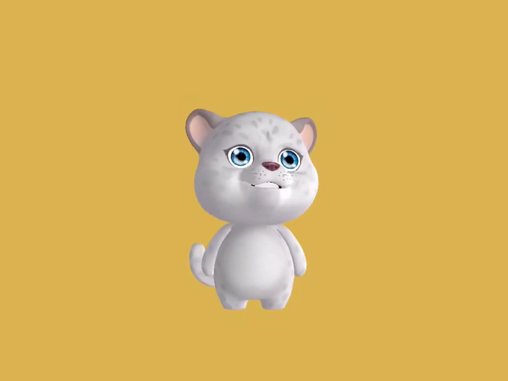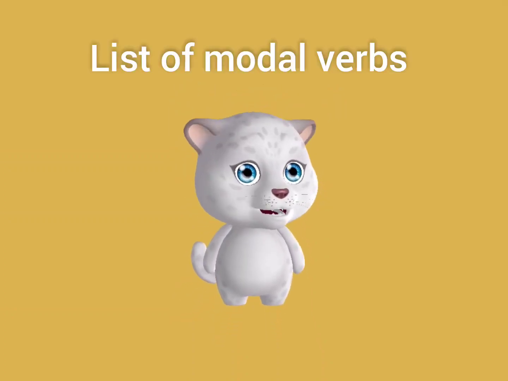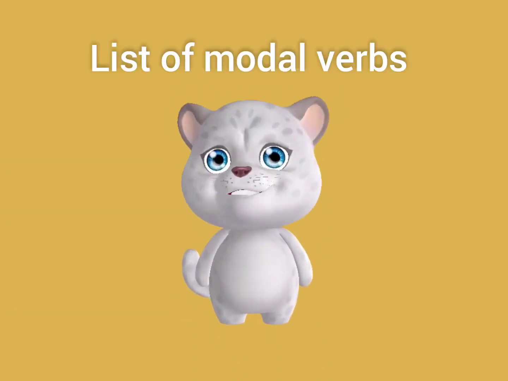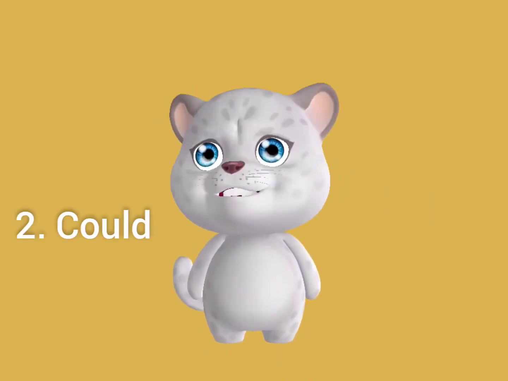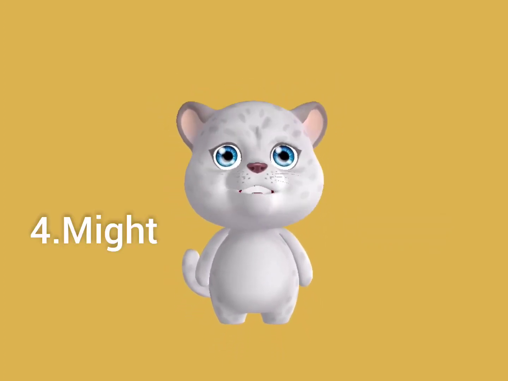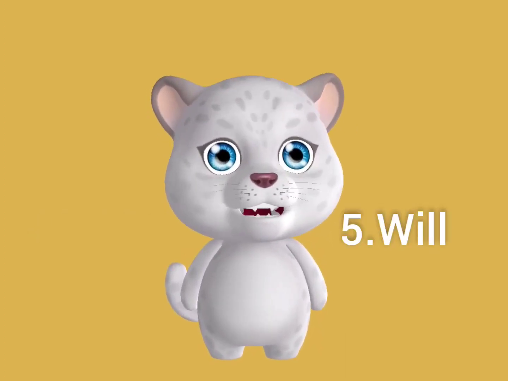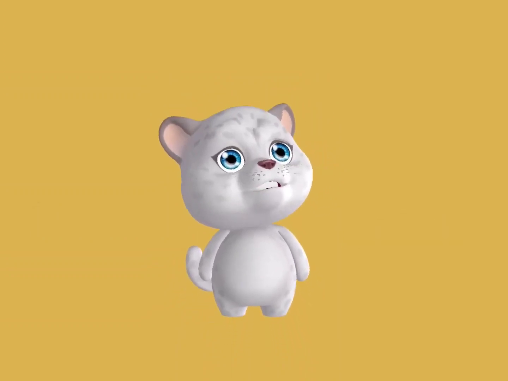So here is a list of the modal verbs. First, can. Second is could. Third is may. Fourth is might. Fifth is will. Sixth is would. Seventh is shall. Eighth is should.